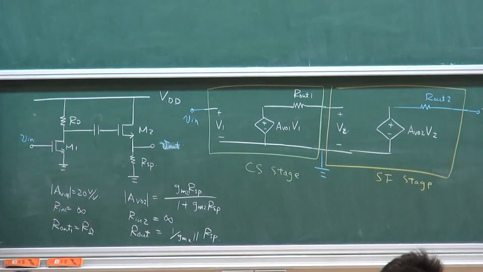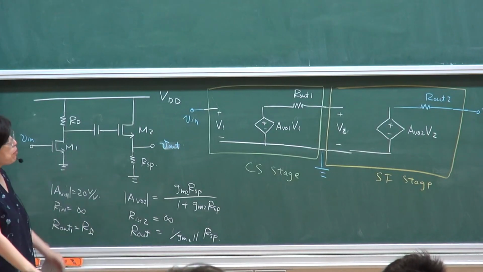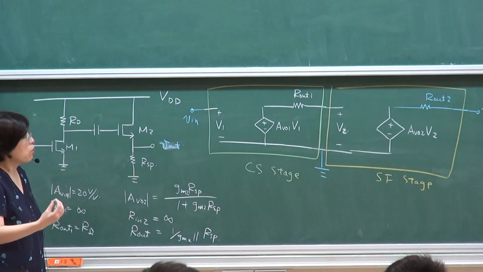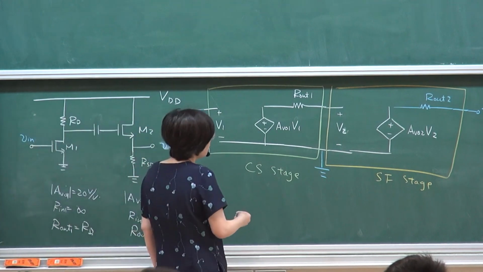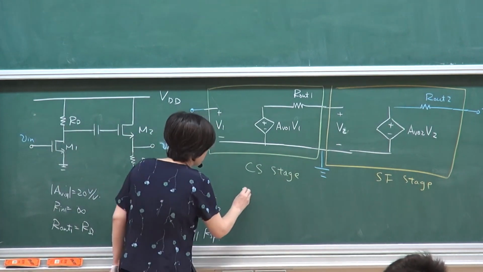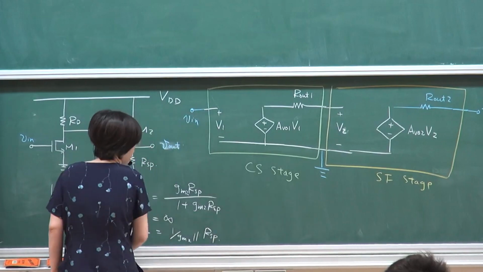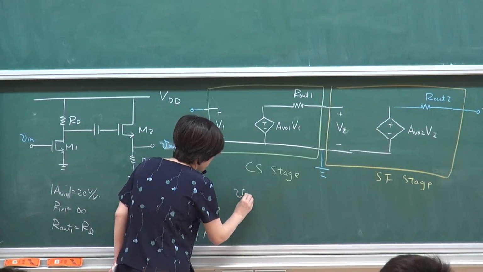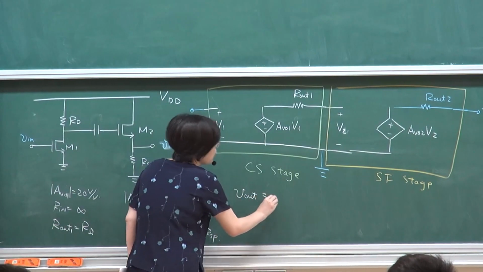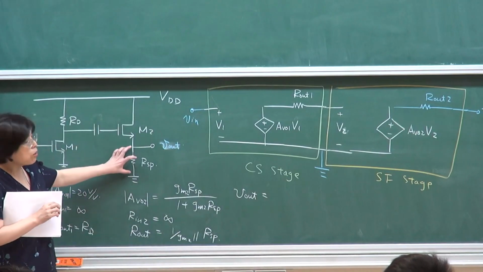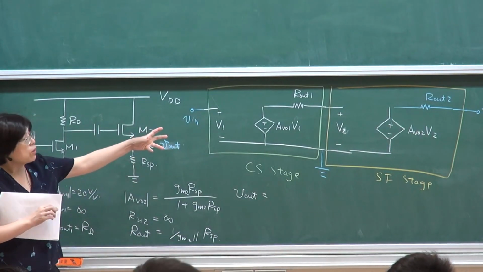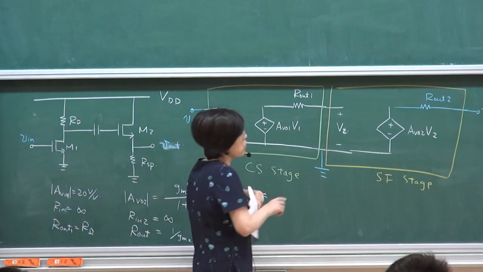Then, if I want to get the overall response, what is typically done is that you can start on the right-hand side with VL. Because we already include RSP inside, you can simply use an open circuit result.